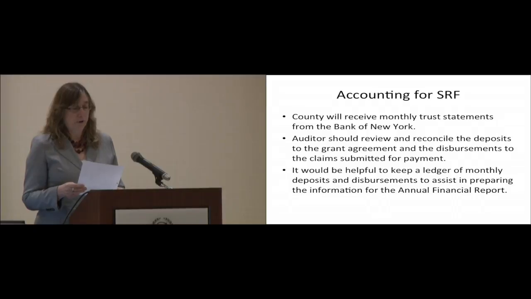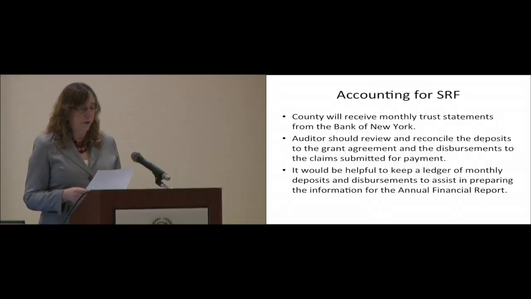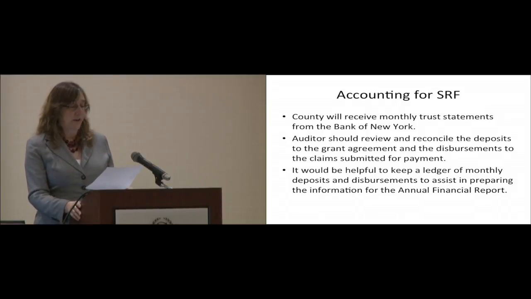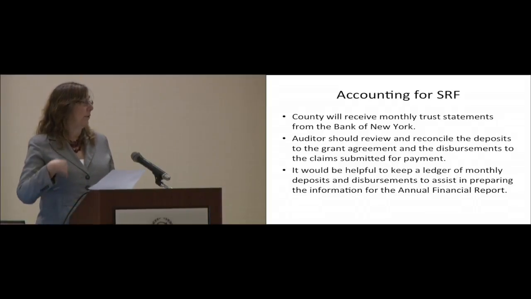In the first one I showed kind of the difference in a pool to construction, where it's showing that on October 1st, for example, you get the $5.8 million into that construction account, and then you're going to have claims out each month. You're going to have disbursements out that are payments to your contractor for whatever project has been approved.